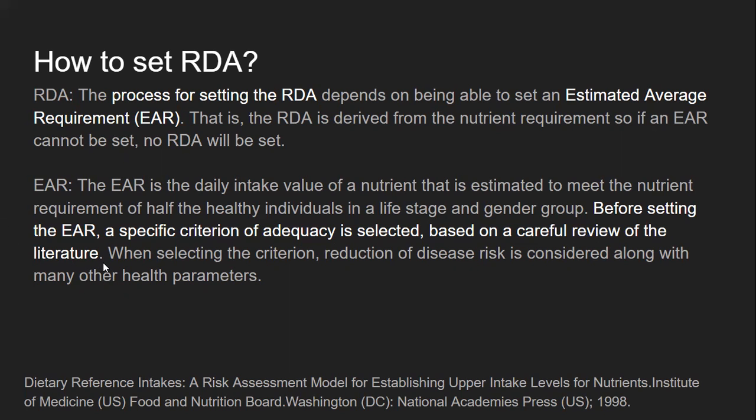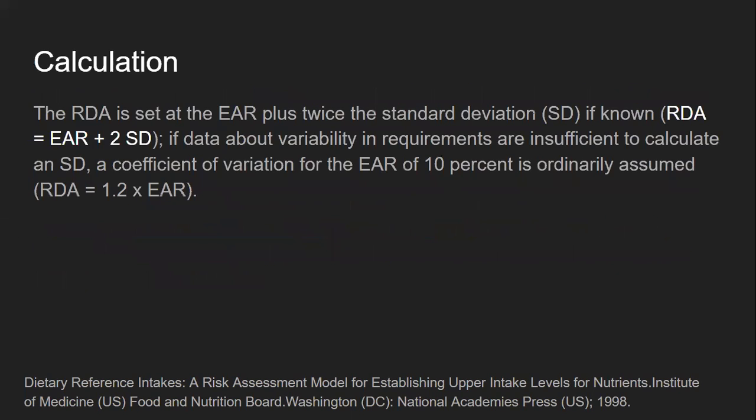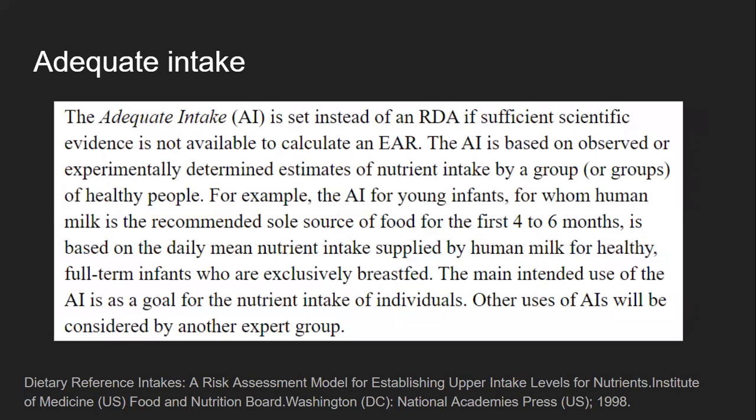So again, it's based on studies and they have to specify their criteria. After getting the EAR, they have a calculation method where the RDA is equal to the EAR plus 2 standard deviations to cover 97 to 98% of the population.